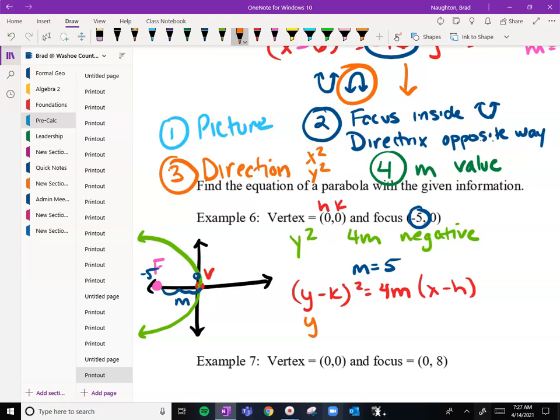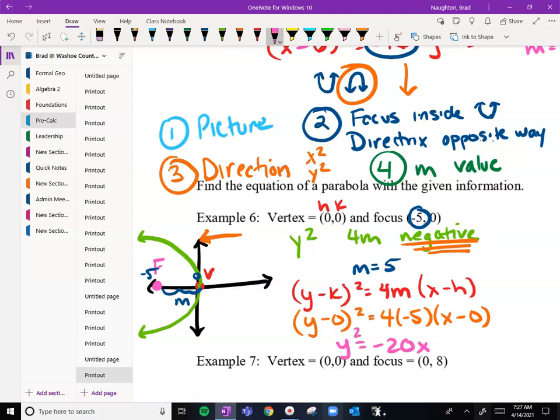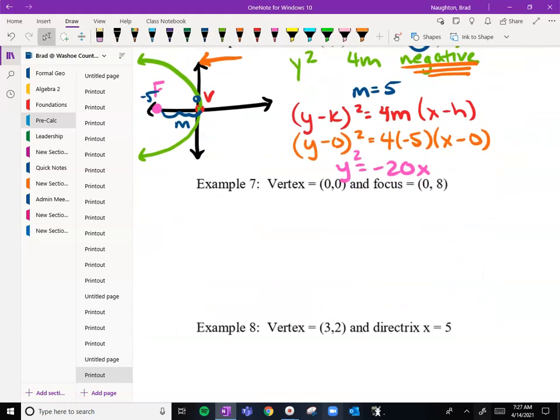So I'm going to go y and then minus 0, because that's my k, squared. And then 4, I'm going to go -5 because of my direction. We've been saying that that m is directional, so we now have to bring that into account. Because I'm going to the left, that means a -m. And then I'm going to have x minus 0 for my vertex. So when we clean this up, I'm going to get y squared is equal to -20x. And that's our equation. So you can see how much that picture really saves the day.